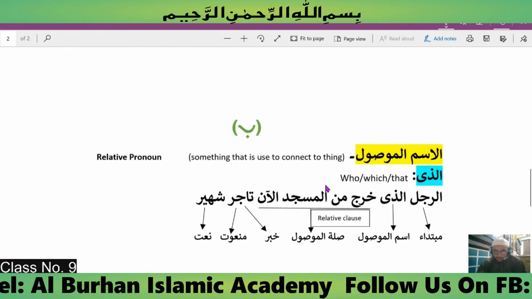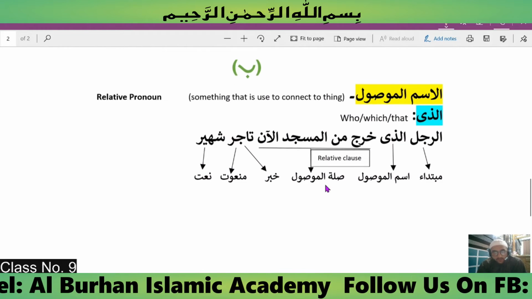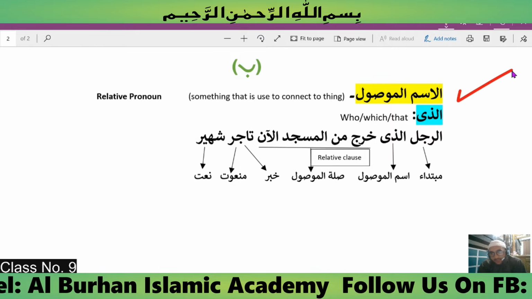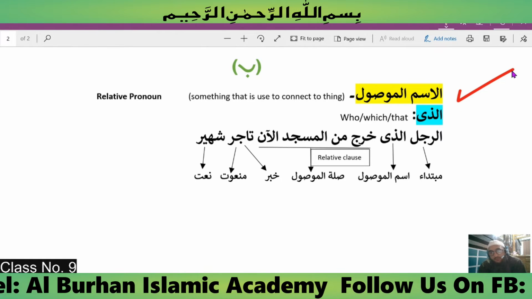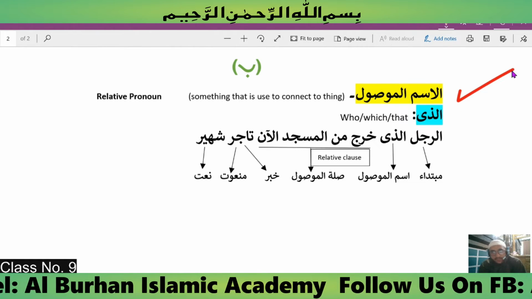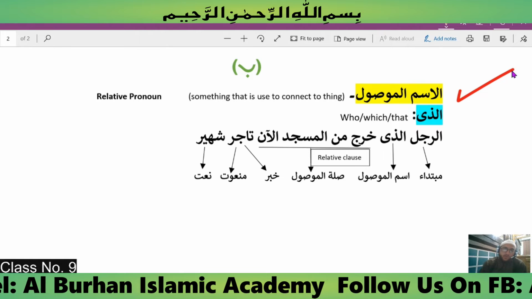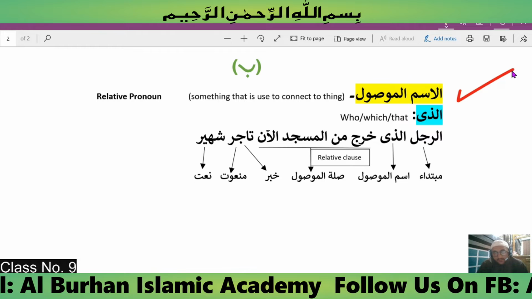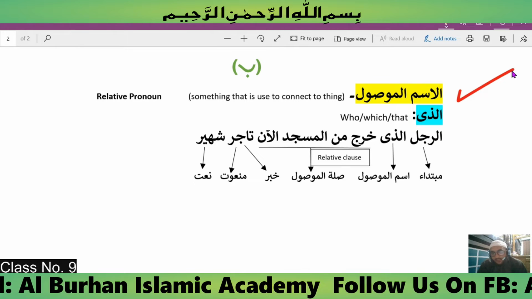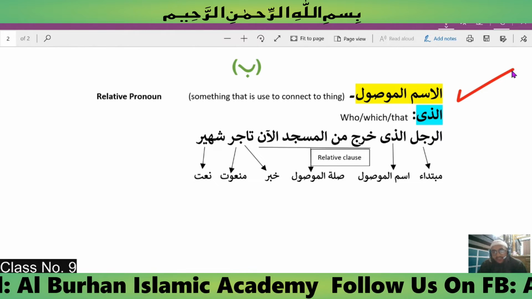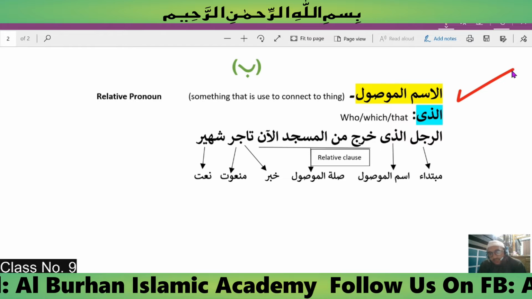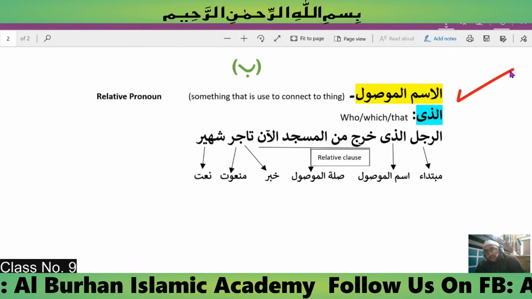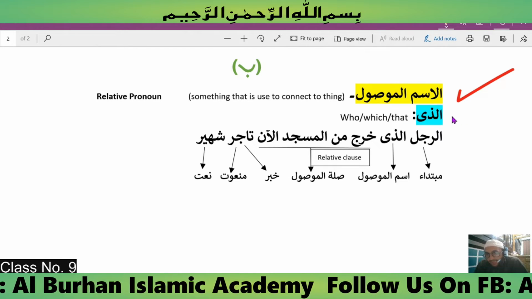Okay, next, in our section we will read another example, al-ismul mawsul. We will read al-ismul mawsul in our lesson. It is something used to connect things. What is ismul mawsul in English? It is a relative pronoun. The example of ismul mawsul is alladhi.